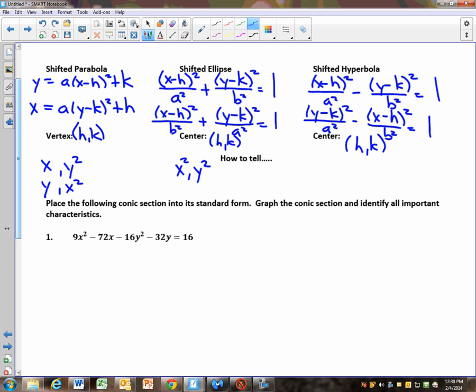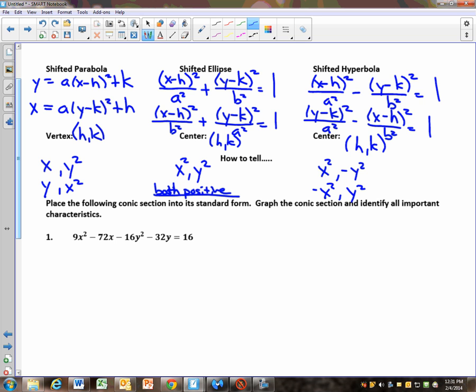Not only are both squared, but both are positive. Okay, the hyperbola, you have x squared and y squared, but one is negative. So you'd either have x squared and negative y squared, or you'd have negative x squared and positive y squared. Those are the indicators that you have to look for.